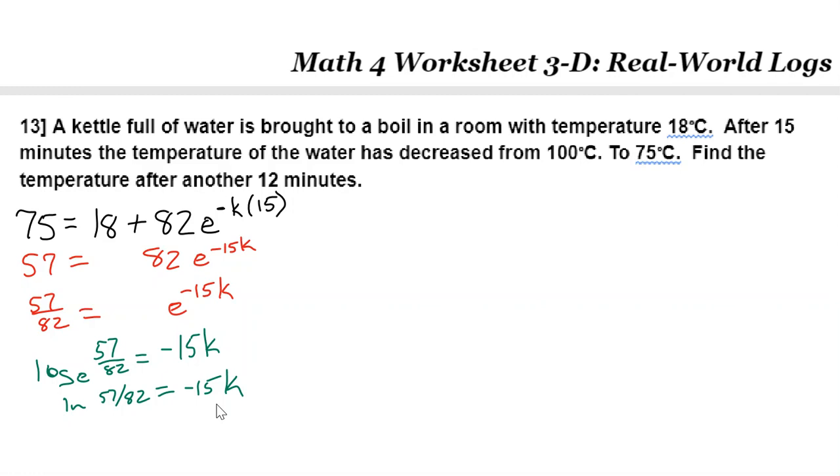And I'm just going to go ahead and divide by negative 15. And that gives me 0.024244 as my K. Now I could turn around and do this again for 27 minutes. Remember, 15 plus 12.